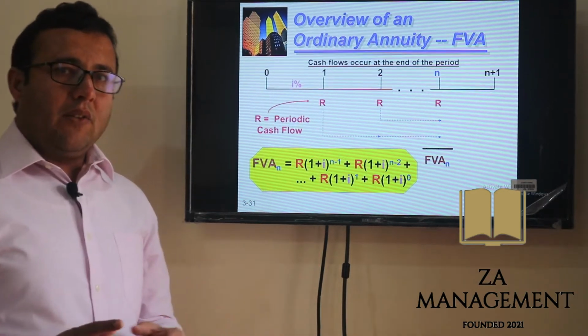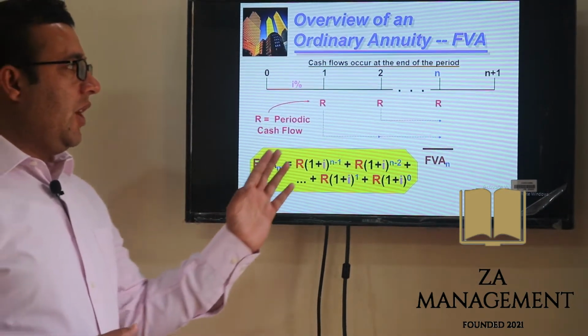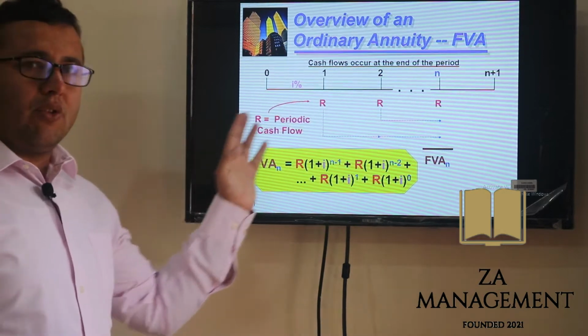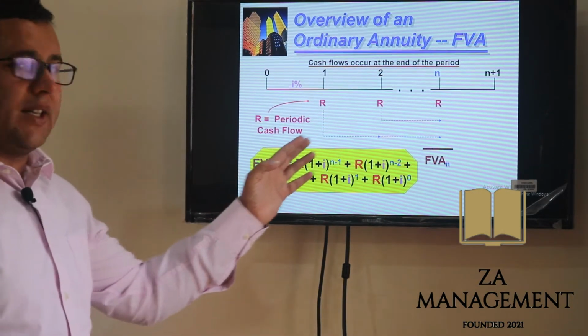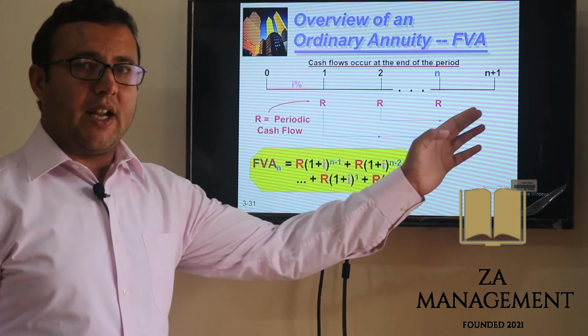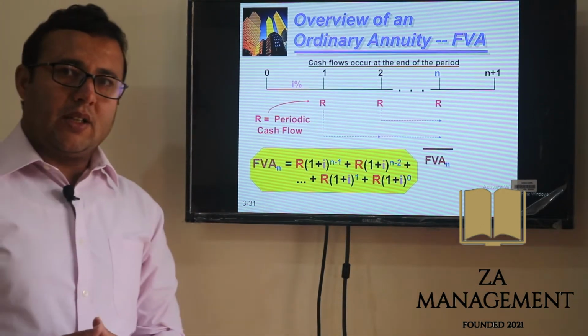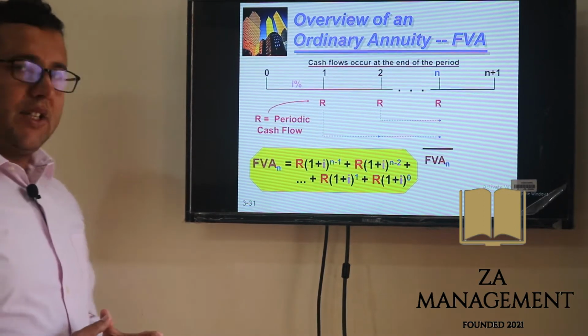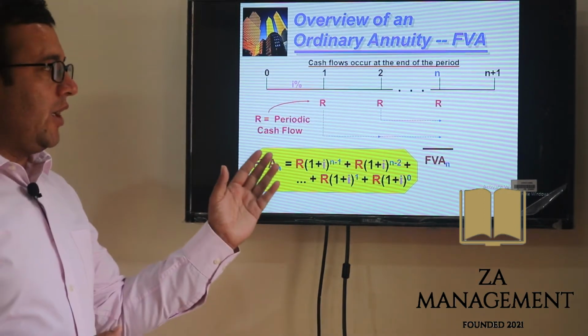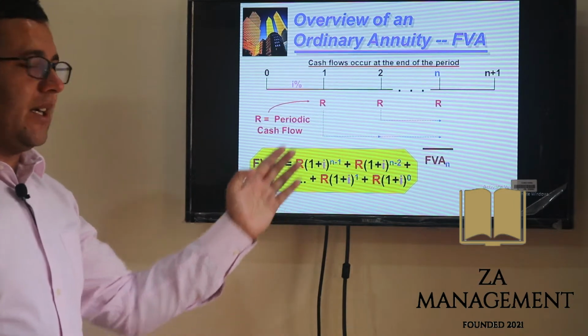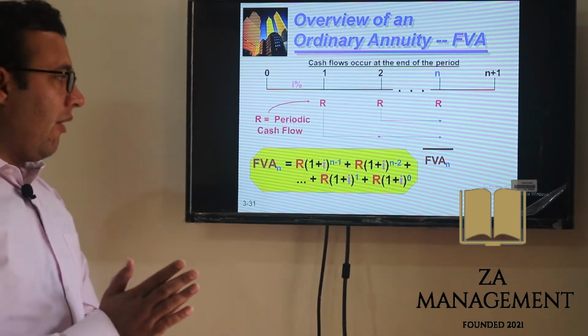While calculating the future value of this annuity, we have to calculate the worth of these cash flow streams at the end of n periods. So how can we calculate the future value of this annuity? That is by calculating the future value of each installment at the nth period and then summing those.